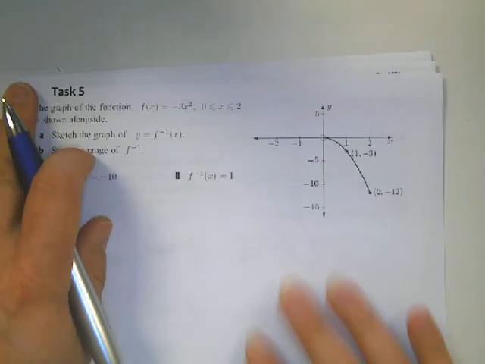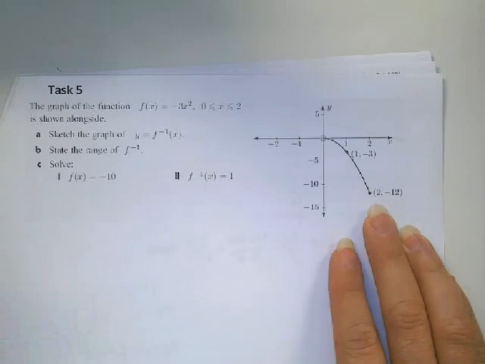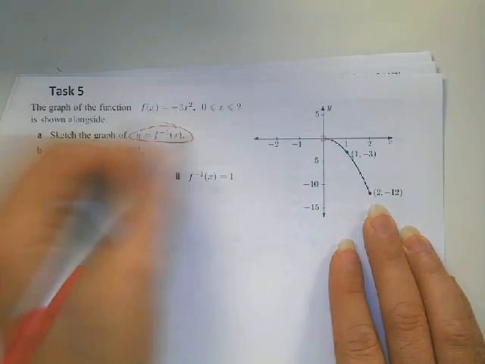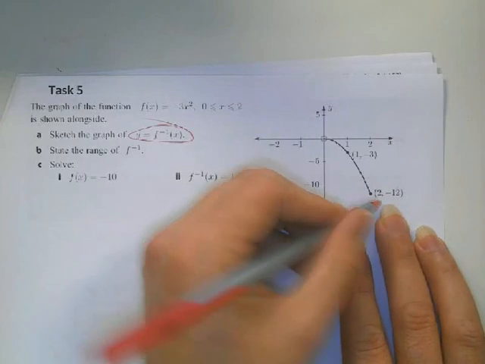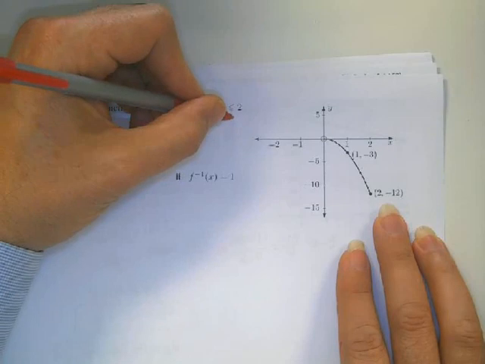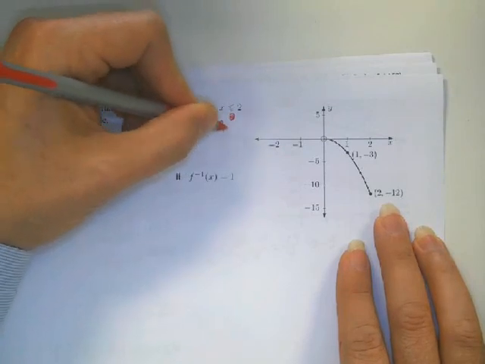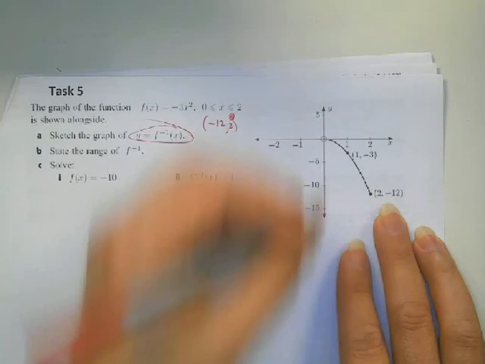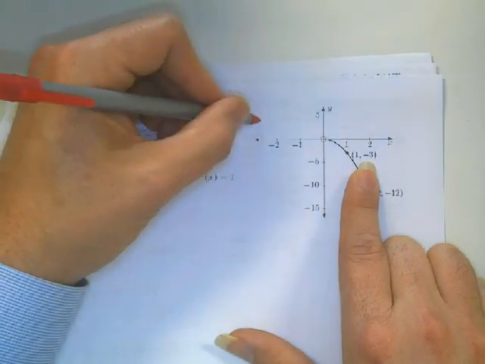So, if I want to sketch the inverse function, I need to plot negative 2 comma 12. So negative 12 comma 2 is the inverse of that. And then instead of 1 comma negative 3, I'm going to do negative 3 comma 1.